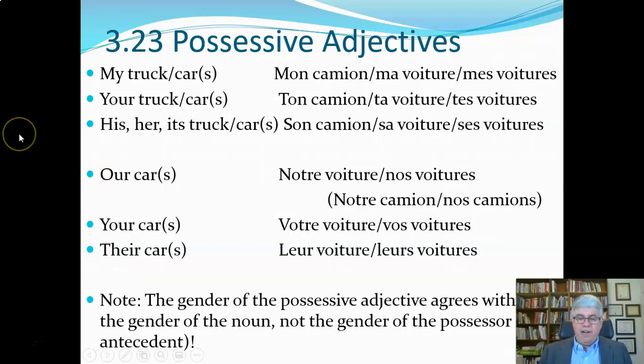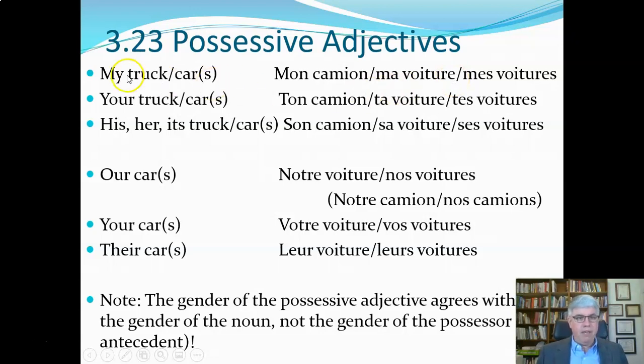Now let's move on to a kind of tricky aspect of French, and that's possessive adjectives. Possessive adjectives are like my car, my truck, my cars, my trucks, things like that. We're going to use the example of truck and car, because truck is camion, it's masculine, and car is voiture, and it's feminine.